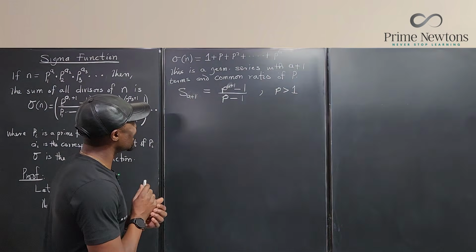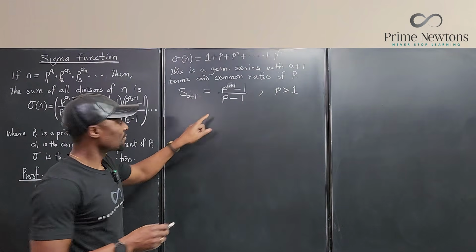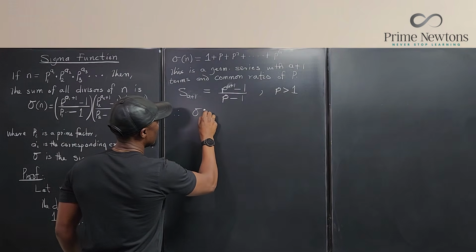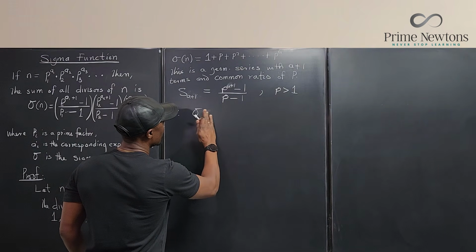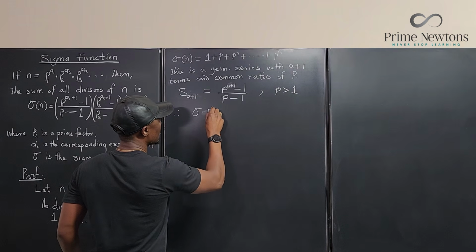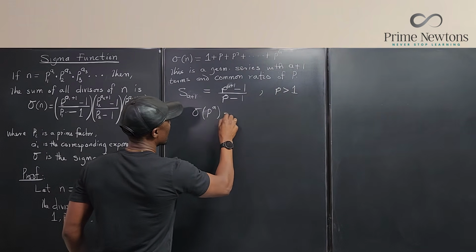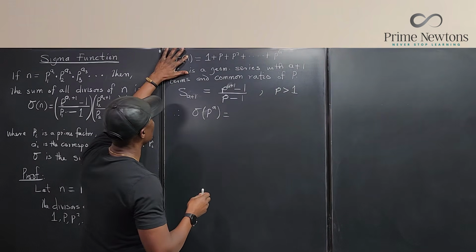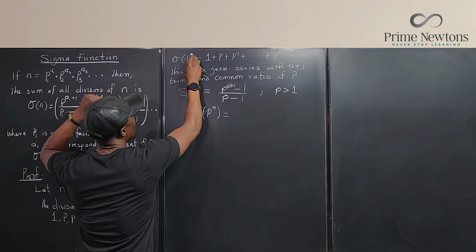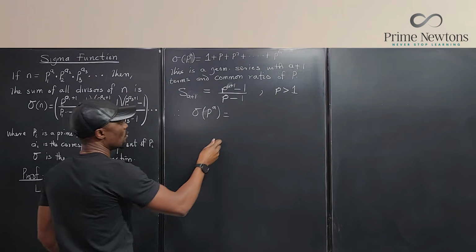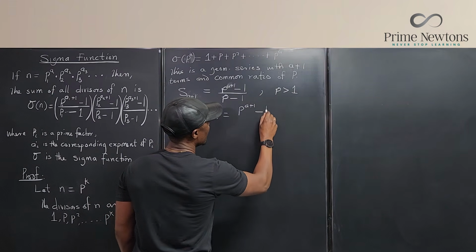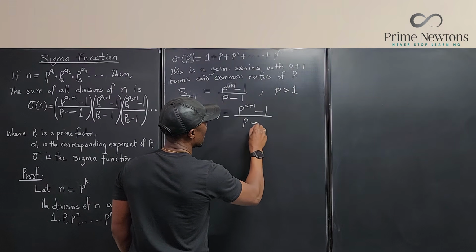So here we go. We can say easily, therefore, the sigma of p to the a will be equal to p to the a plus 1 minus 1 over p minus 1.